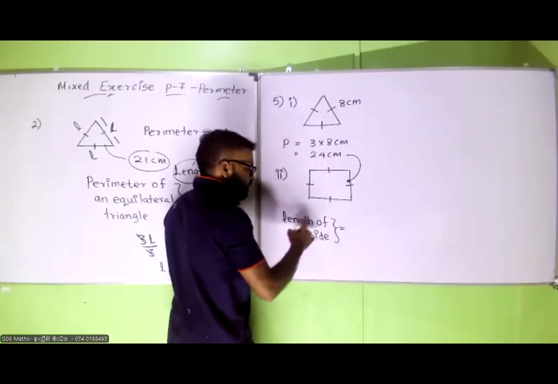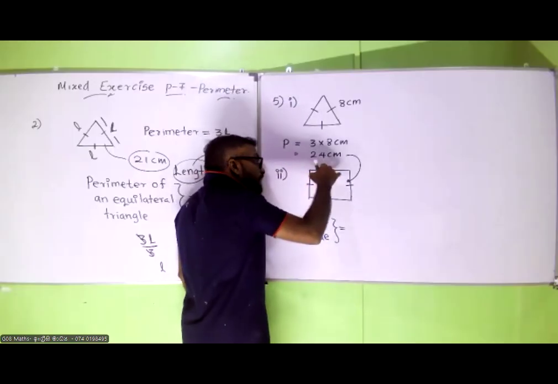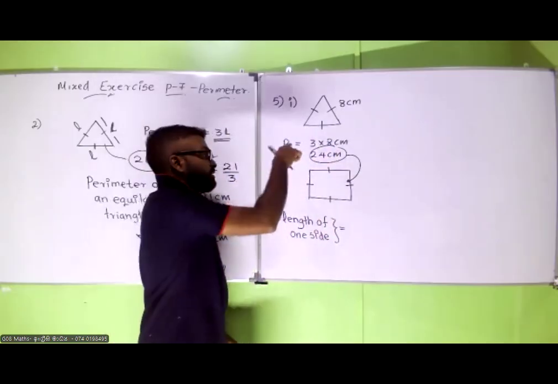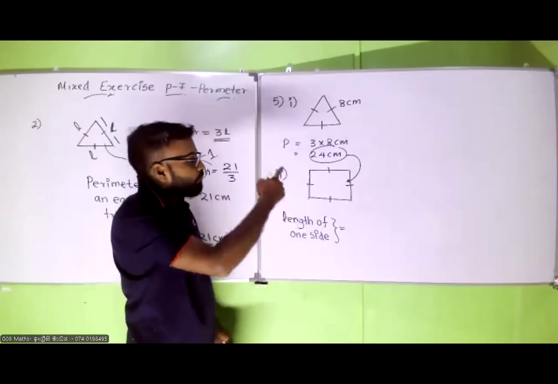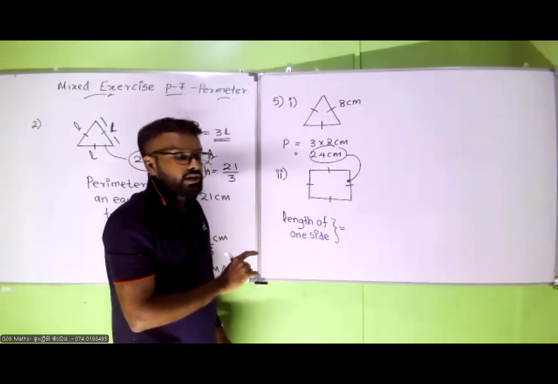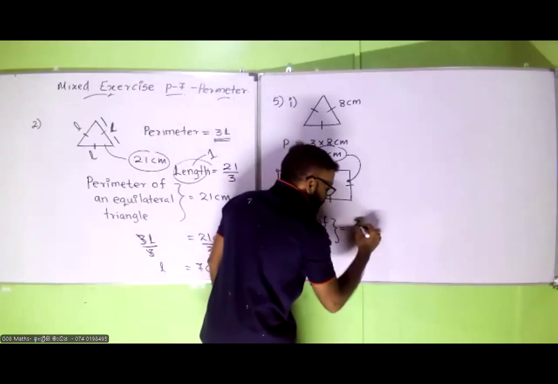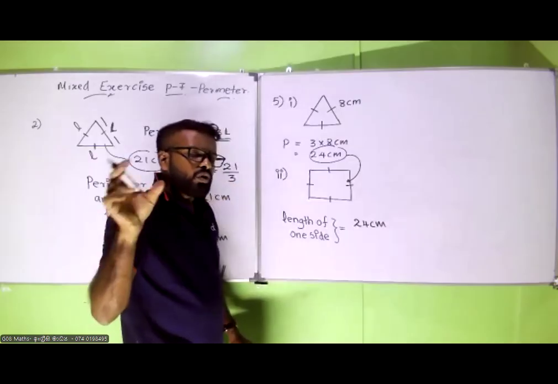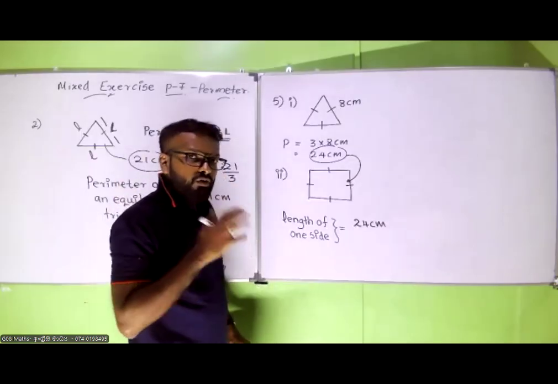equals perimeter. The perimeter of the square is the perimeter which is equal to our equilateral triangle perimeter, so 24 centimeters. And how many sides do you have in a square? 4 sides.